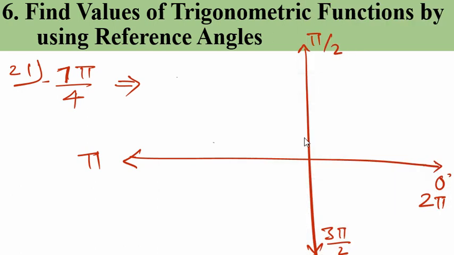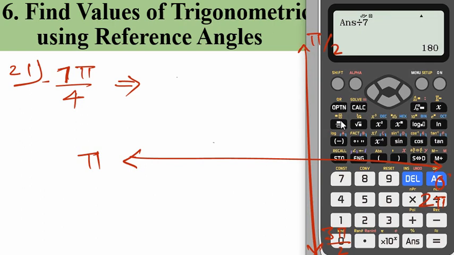Then what you have to do is you just have to find the reference angle, right? Oh, I think I did something wrong. Okay, I divided by 7. No, that's 7 multiplied by 180, then divided by 4, that is why.